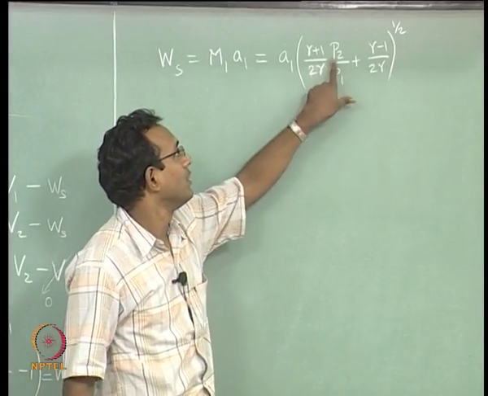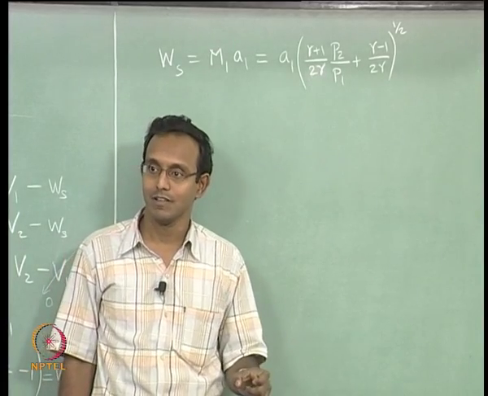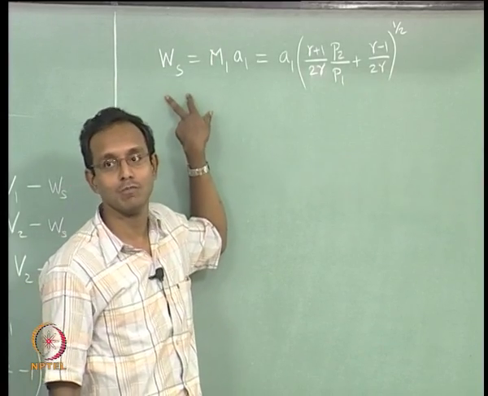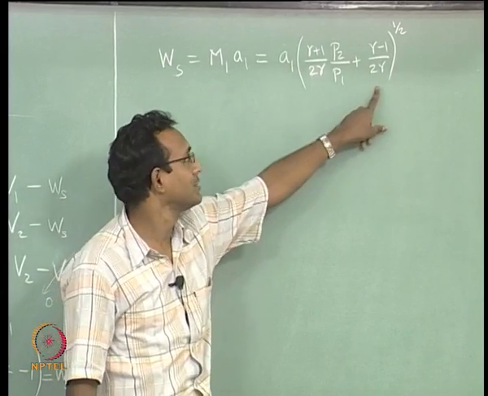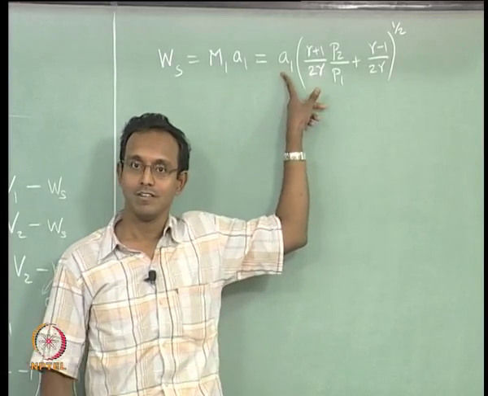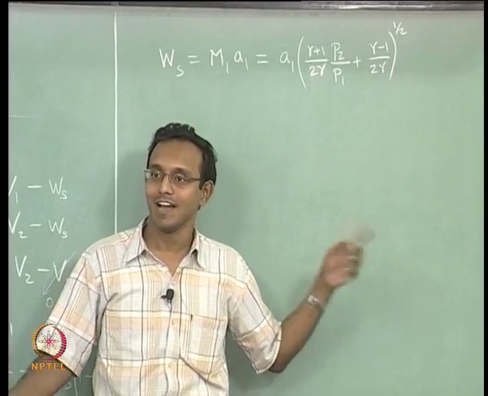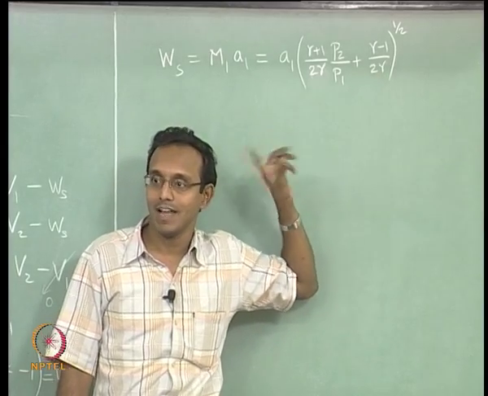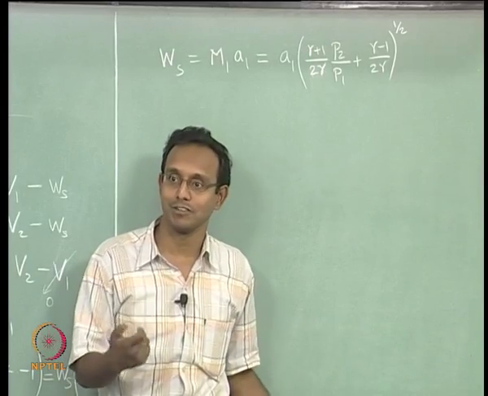And now if I know my P2 by P1 that is caused because of this shock, then I can tell what will be the speed at which this shock will move, given A1 and the gas in which it is moving. I should know the temperature of the stationary gas, and the stationary gas's gamma value, I need to know these two, and the P2 by P1, which is typically referred to as the strength of the shock.